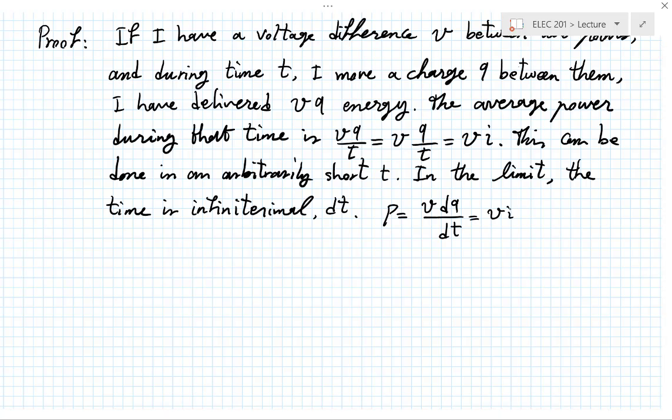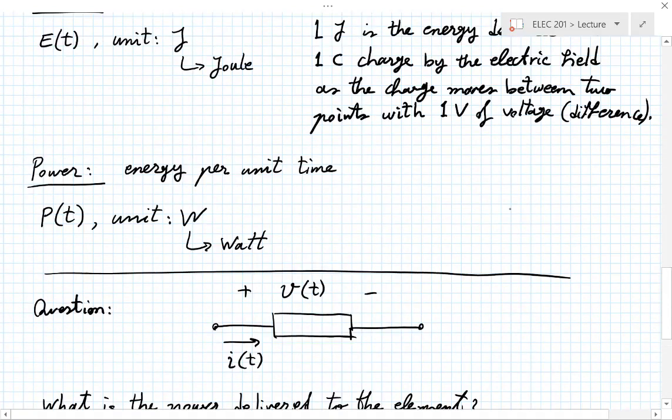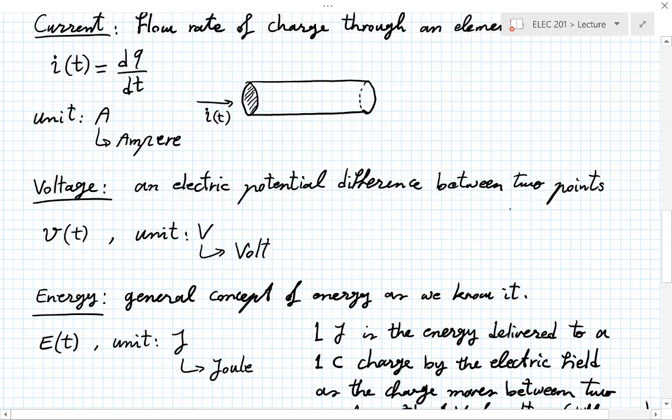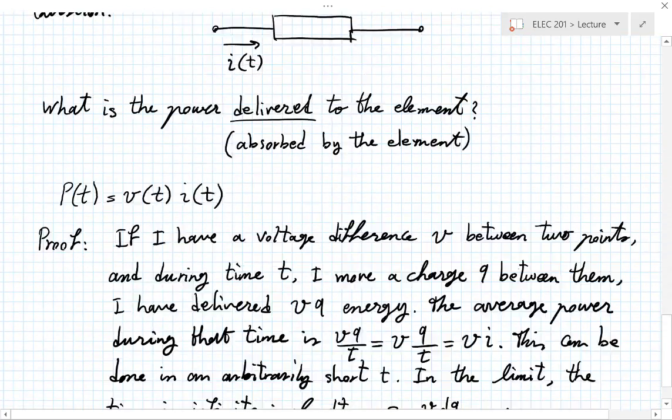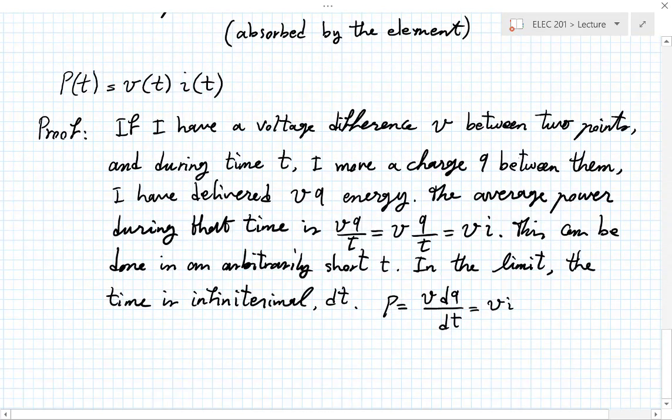So in a very small duration of time, you have a very small amount of charge transferred. And if you divide that dq by that dt, that's the current by the definition that we had up here, dq by dt. So that's why you can write this as an instantaneous equation, P equals V times I.